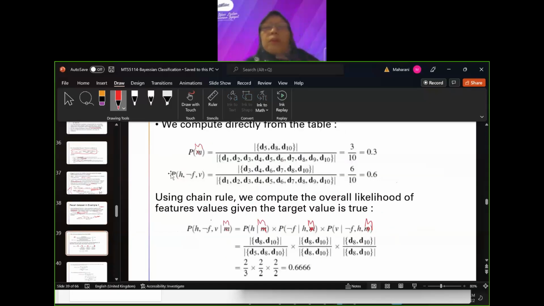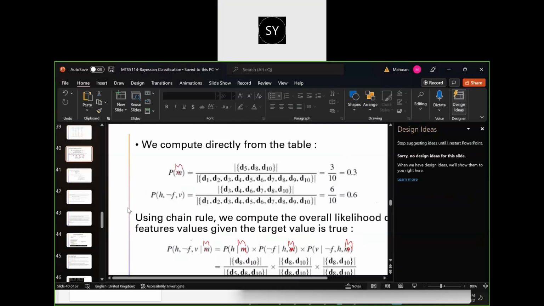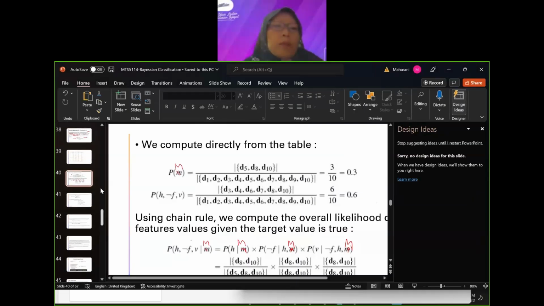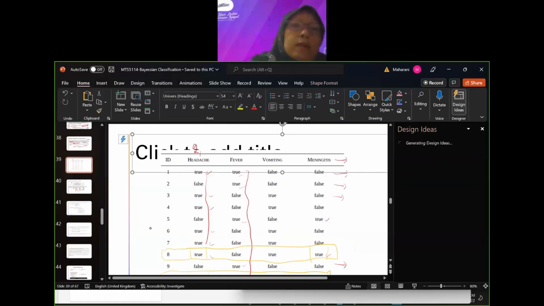Start from P(M). P(M) means the probability of meningitis. So we look at our data set, this table here. For meningitis, this one is Q1, this is Q2, and this is Q3. Luckily we just have 3 features.